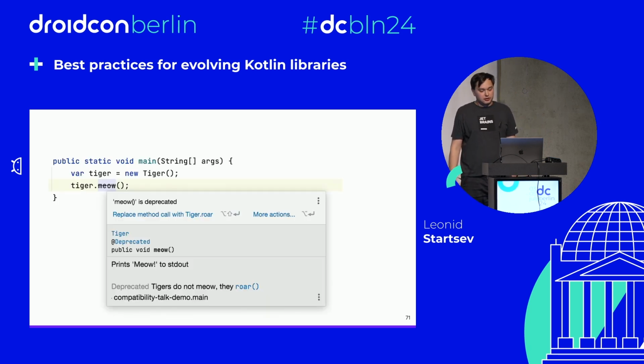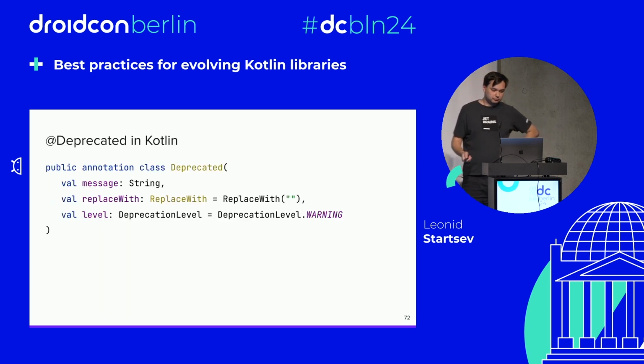But this message is rendered in a special way. You can see that IDEA renders it at the very bottom of this pop-up by default. And the regular error message, even with -Xdeprecated, says that this method is just deprecated for whatever reason without giving you the details. So Kotlin decided to fix that.